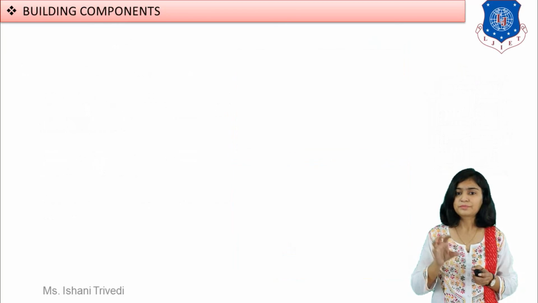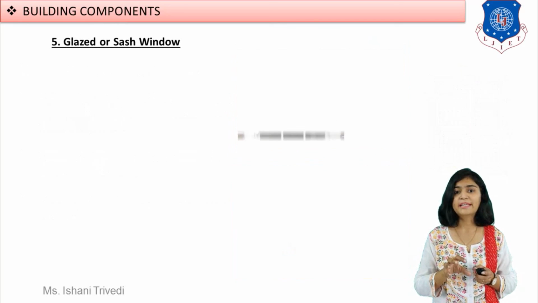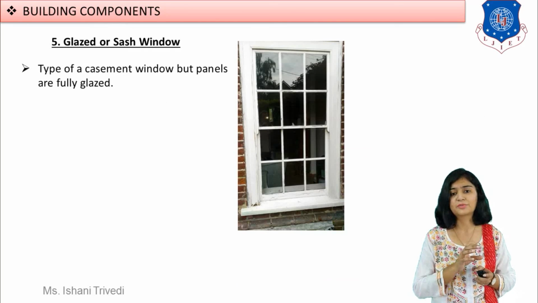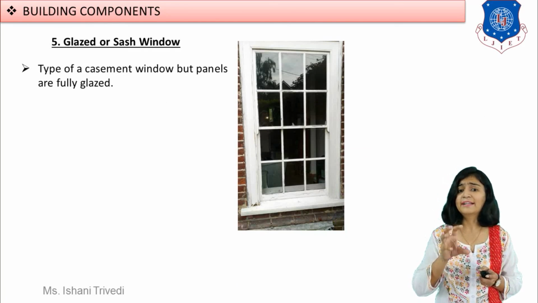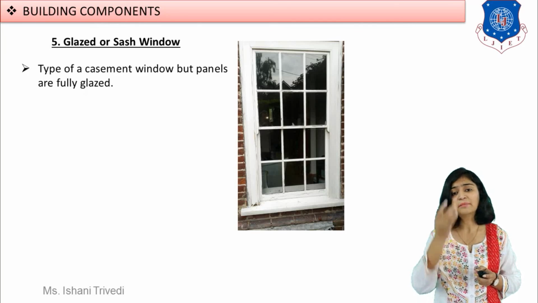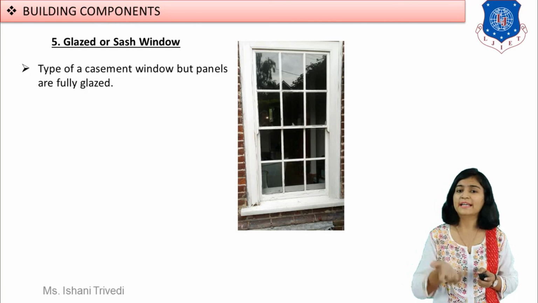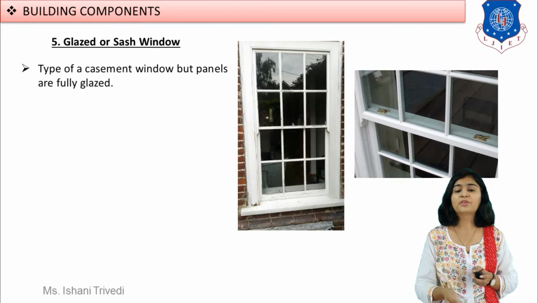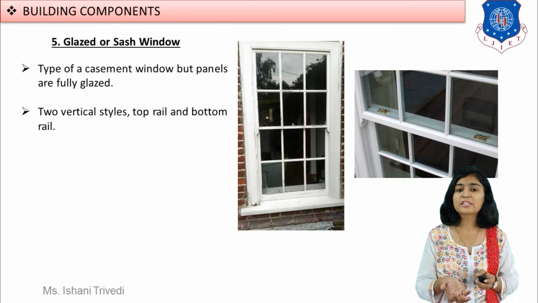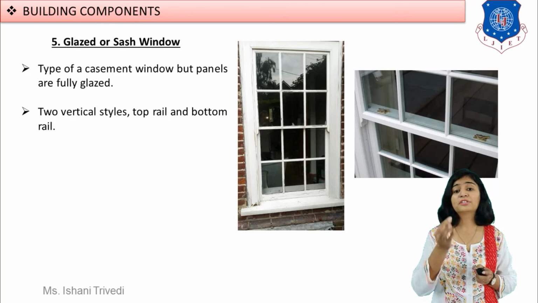Okay, next I am taking immediately the glazed and sash window. Now you will tell me that it is nothing but a type of casement window. Yes, it is a type of casement window. It is very much similar to the casement window, but here it is compulsorily fully glazed.